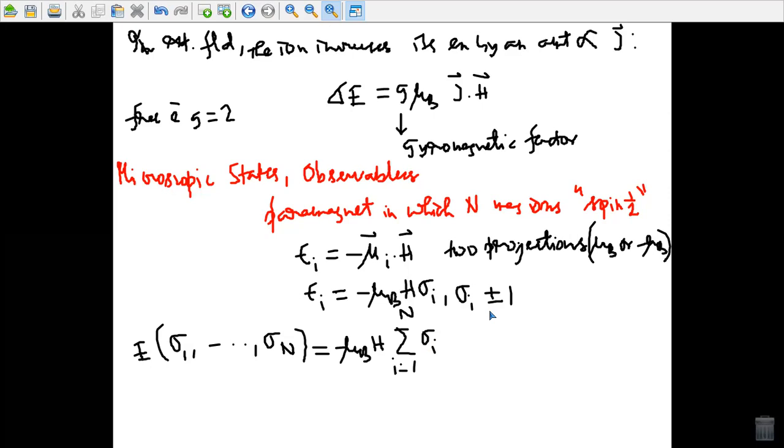If each sigma_i is assigned a value, the specific configuration or microscopic state is determined. For instance, the configuration sigma_i equals plus 1 for every i is the state in which all the magnetic moments point along the field, while sigma_i equals minus 1 for every i is the state in which all the magnetic moments are opposite to the field.